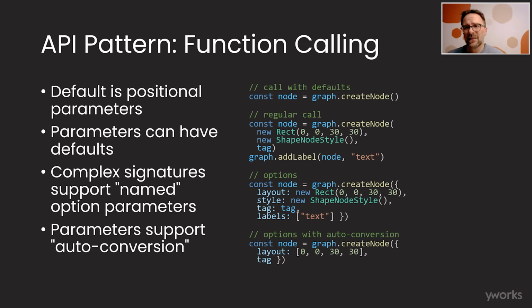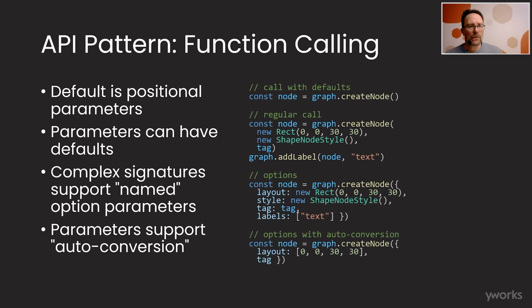First, we'll take a look at the most frequent pattern in yFiles, which is function calling, when you invoke methods and constructors. Obviously, the default in yFiles is that the parameters you need to pass to functions are positional parameters, meaning that you just provide all the parameters separated with a comma.